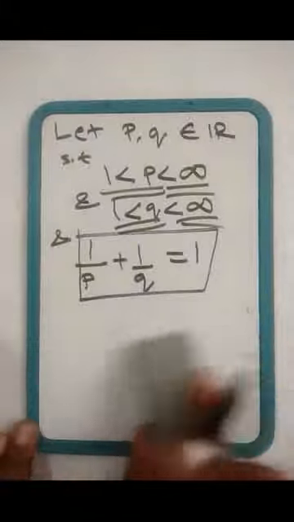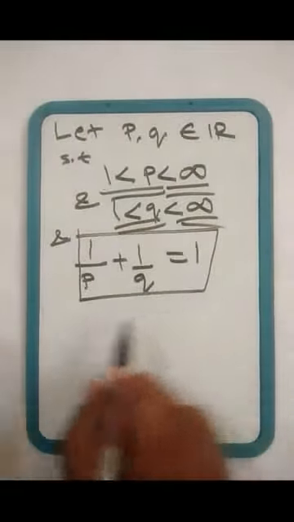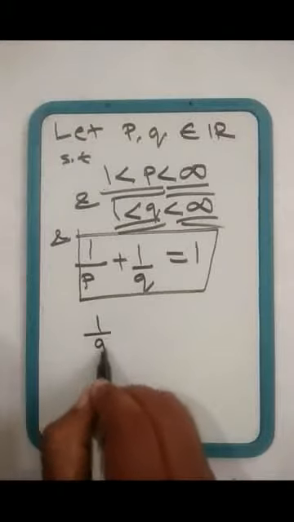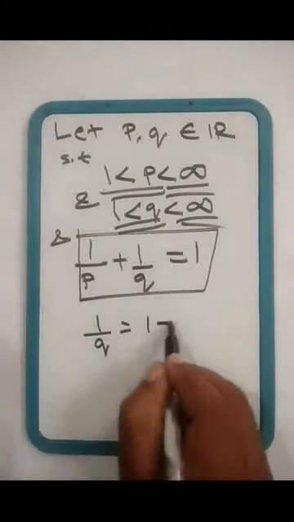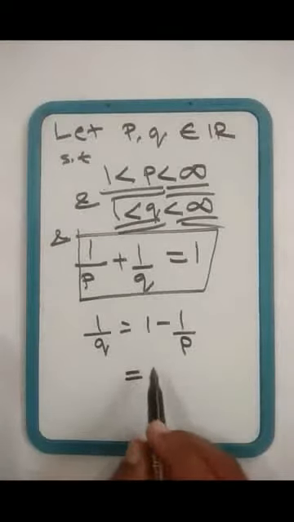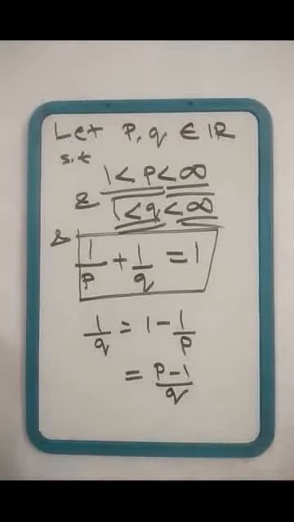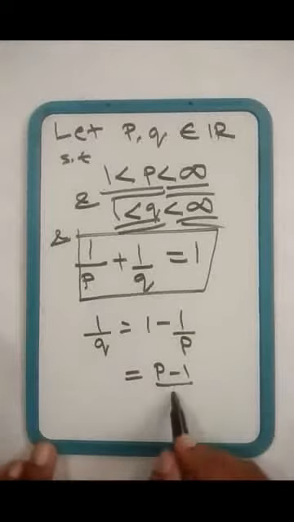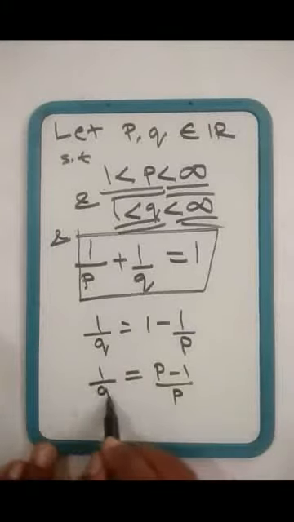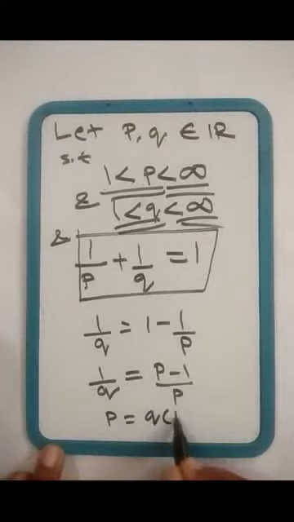Okay. Now some property about this fraction. If you look at this one, what do we get? So 1 by Q is equal to 1 minus 1 upon P, which is the same thing as P minus 1 upon P. That has to be 1 by Q. So cross multiplication, P is equal to Q times P minus 1.